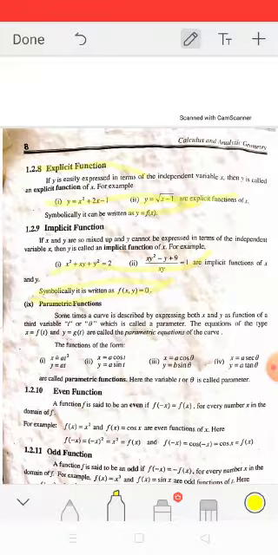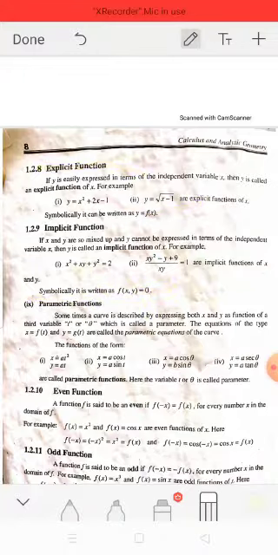Here y is equal to f of x was only dependent on x, but f of x and y is dependent on both x and y. So this is the explicit and implicit function.